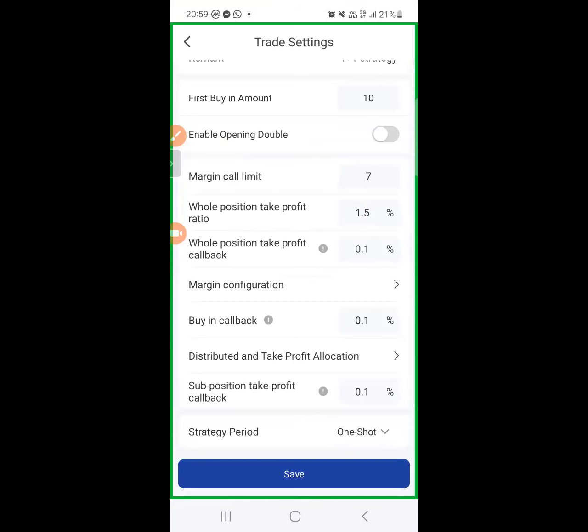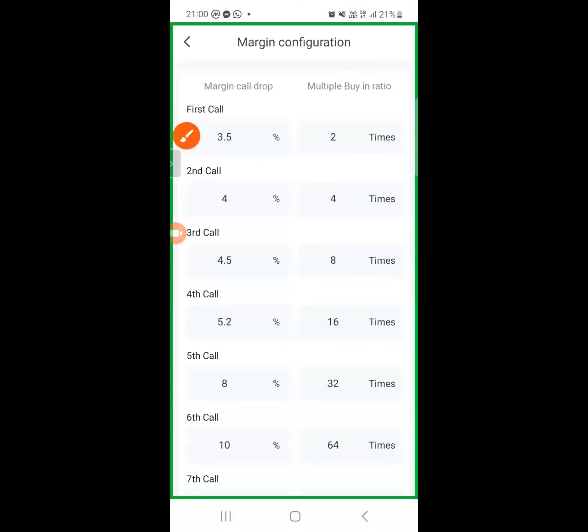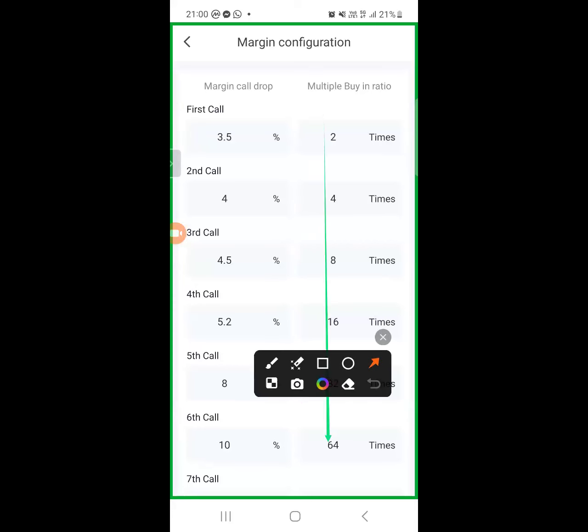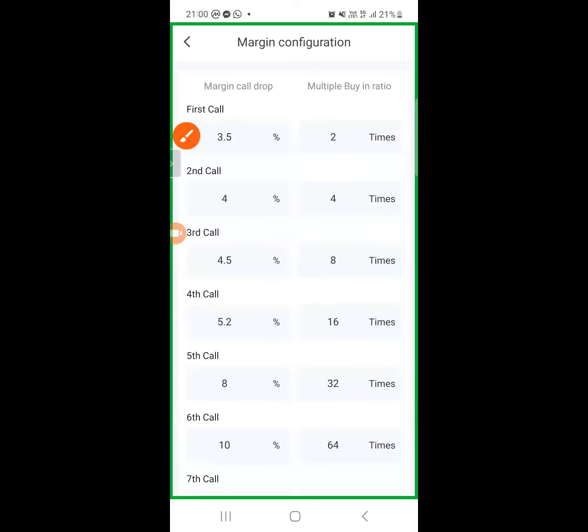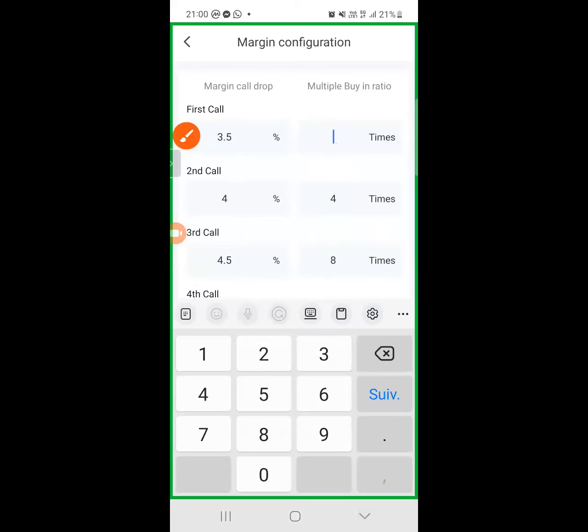So let's go to the margin configuration. So 1+1 means you are adding 1 on each next buy. So let's do the right side, then we go to the left side. Here it means after you buy $10, the next buy you buy 1 time, which is 1 times 10, $10.